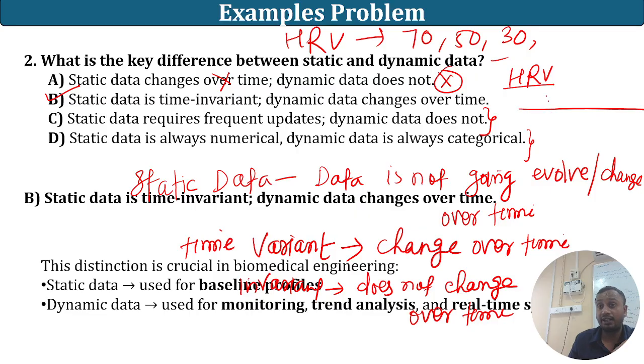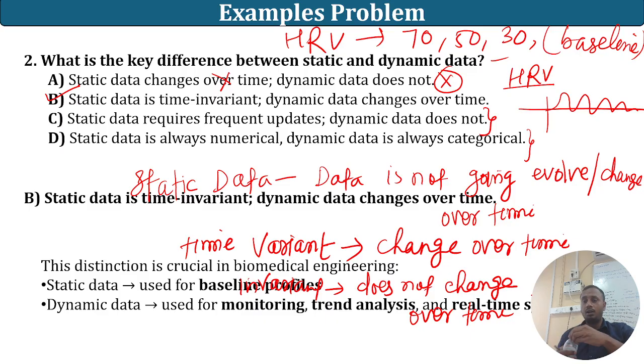If that HRV rate goes beyond this limit, we will be told. So that HRV becomes the baseline. That static data becomes the baseline for the dynamic data. Dynamic data is used for monitoring, trend analysis, and real-time signal processing. Okay, so I think the static data and dynamic data difference is clear, I think.